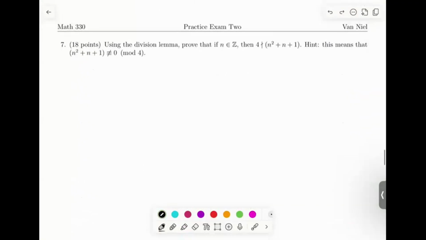Using the division lemma, prove that if n is in the integers, then 4 does not divide n squared plus n plus 1. Okay. What is the division lemma?